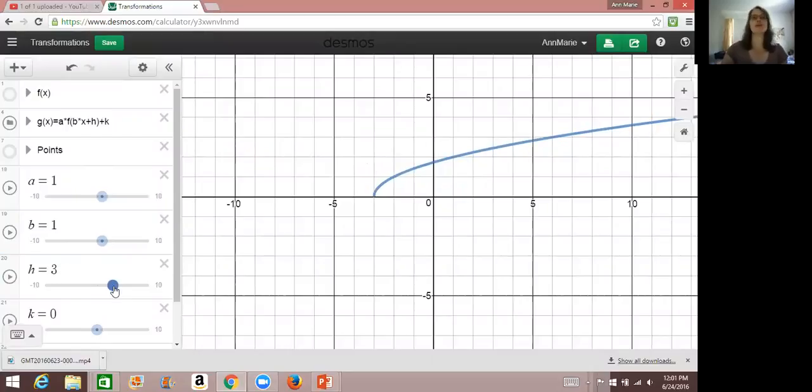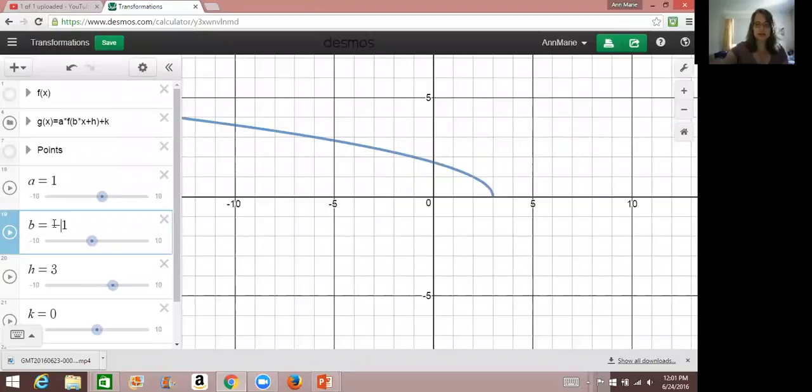This is what I meant by order of shift is important. We want to do the horizontal shift first, because we know that the horizontal shift moves my function 3 units to the left. Now do your reflection.